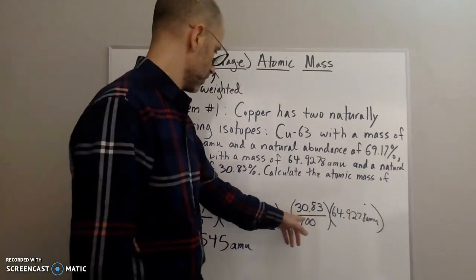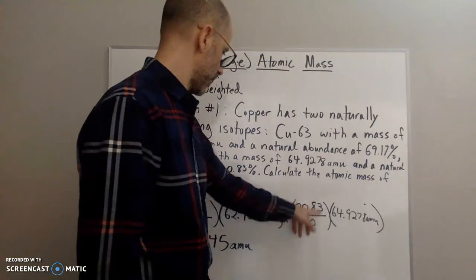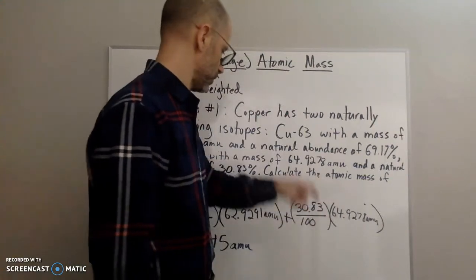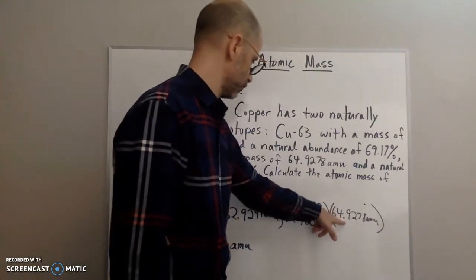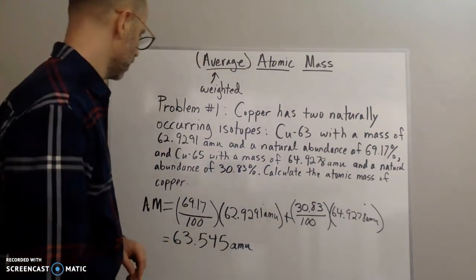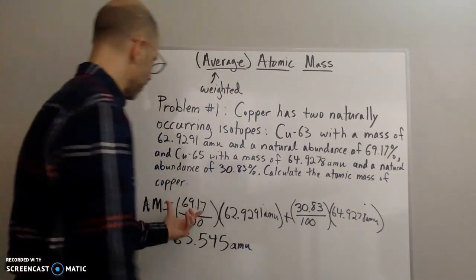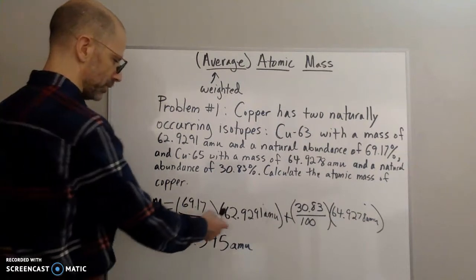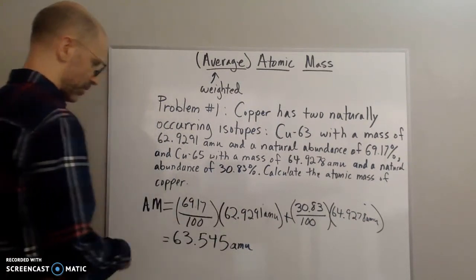Again, here, if I multiply and divide, and here I have 6 sig figs and I have 4, I should have 4 sig figs here. That's going to get me to 2 decimal places on this.